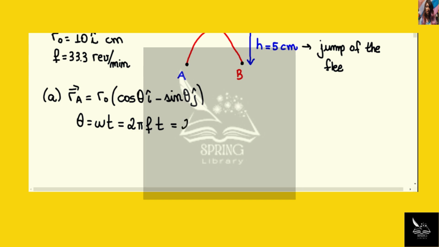And since the frequency is 33.3 revolutions per minute, that's the same as 0.556 hertz times t. So this is 1.11 pi times t.